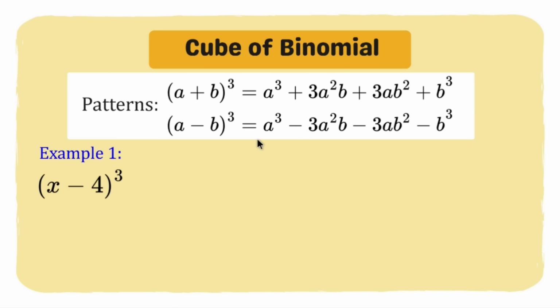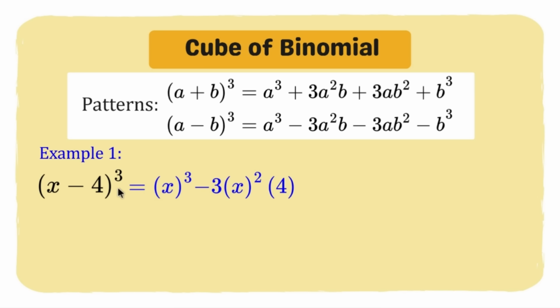Okay, using our patterns here, we have here x minus 4 raised to 3. So, again, let's start with the first term. Kunin lang natin yung cube niya, which is x raised to 3. Next one, yung ating second term is just get the product of yung square ng first term natin, which is x, multiply natin kay 4, tsaka i-multiply natin kay 3.